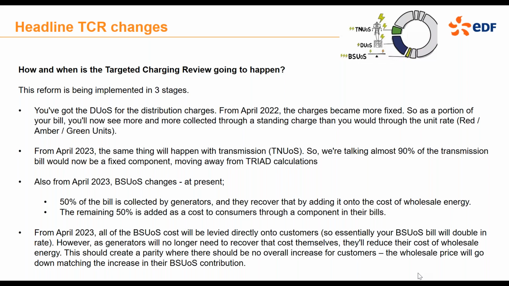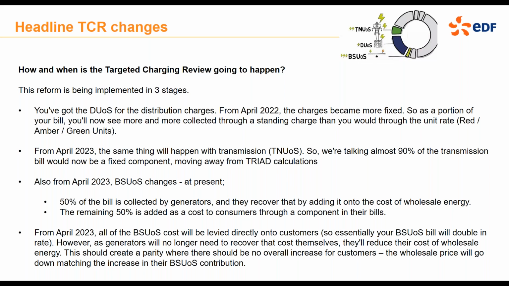I've talked quite a bit about what BSUoS is, the Balancing Services Use of System charge. Historically, up to March 2023, BSUoS was 50% collected from generators and 50% from customers as an incoming levy. From April 2023, that's moved to 100% levied onto customers.